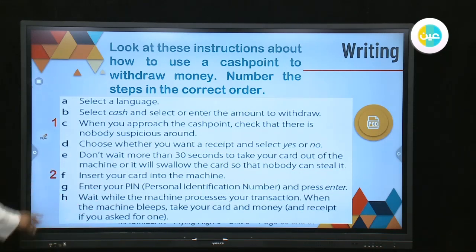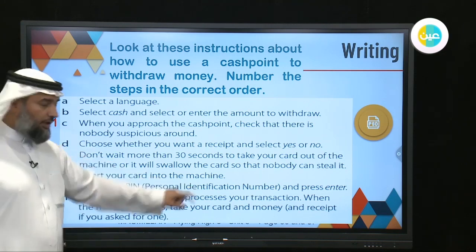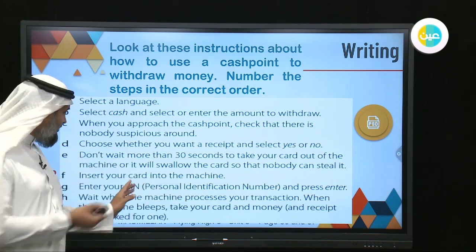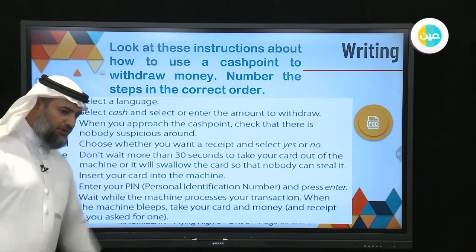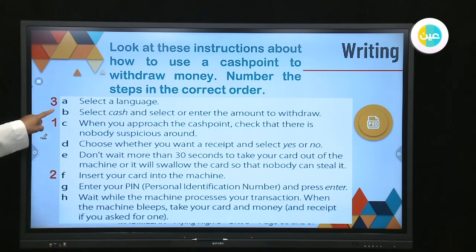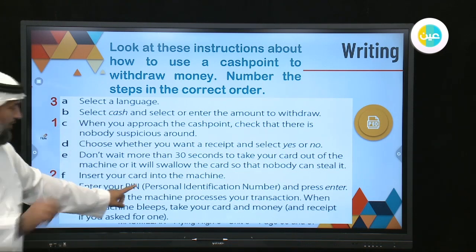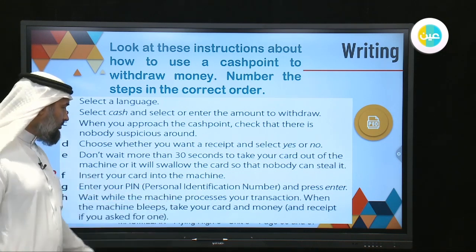The second part is F. Insert your card into the machine. Insert means to put in. And then A, select a language. G, enter your PIN number, PIN number.